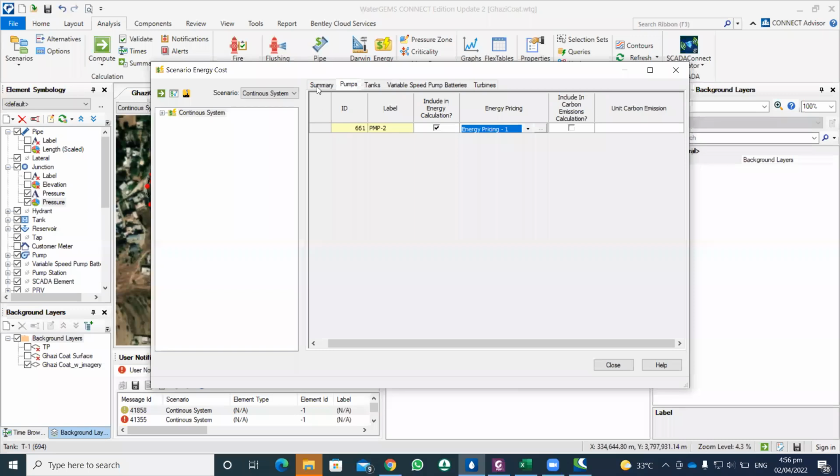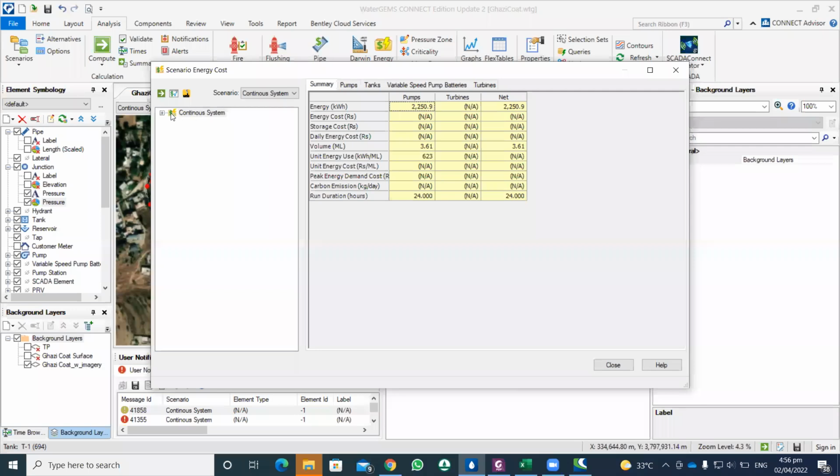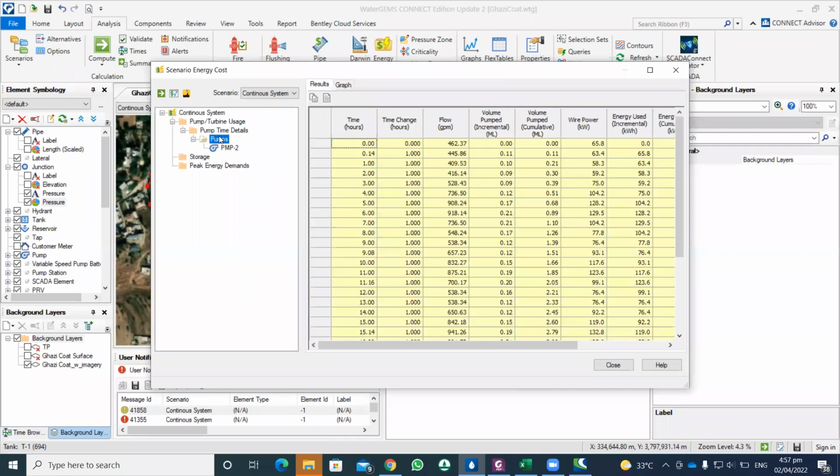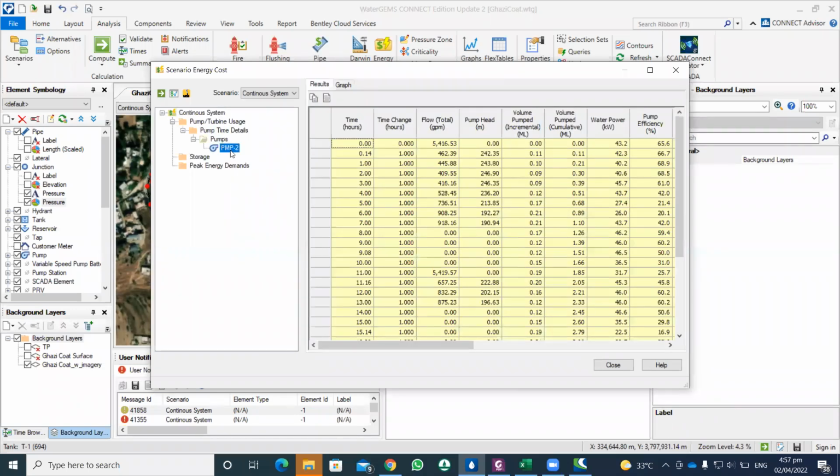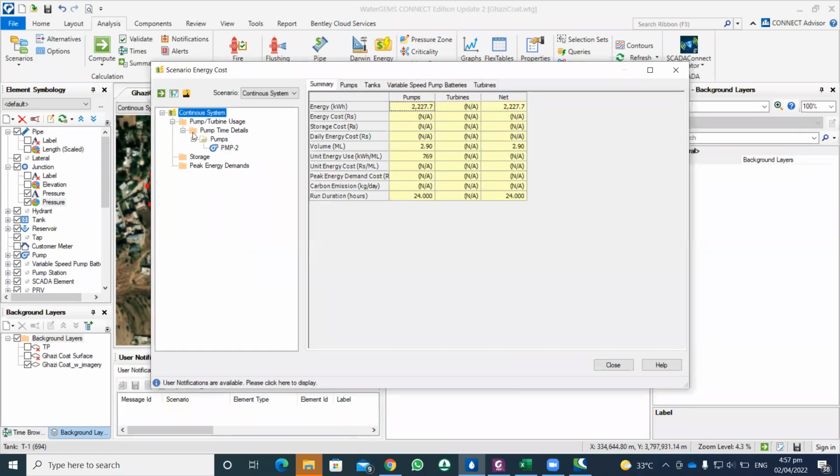I also select a pump for the system, and then run the simulation. It gives me the total energy utilized by the pump. Similarly, the volume provided to the system by the pump is about 2.9 million liters, and the unit energy used per million liters.